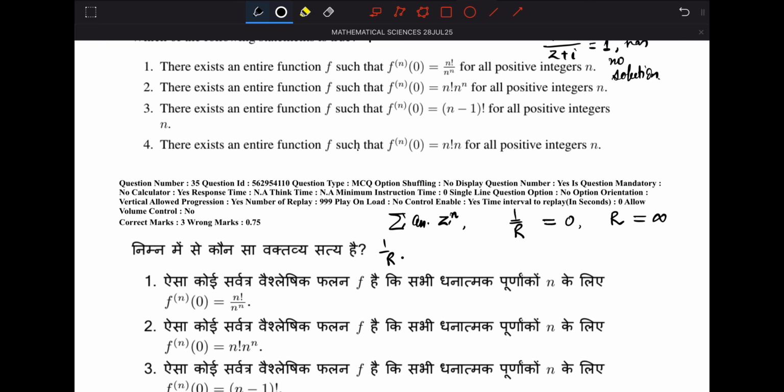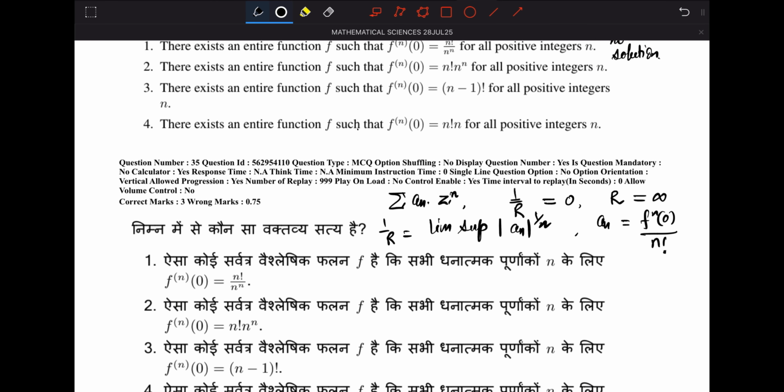And what is 1 by R? 1 by R is the lim sup of mod a_n to the power 1 by n. We want it to be 0. So let us check. For that, a_n is the nth derivative of f at 0 divided by n factorial.